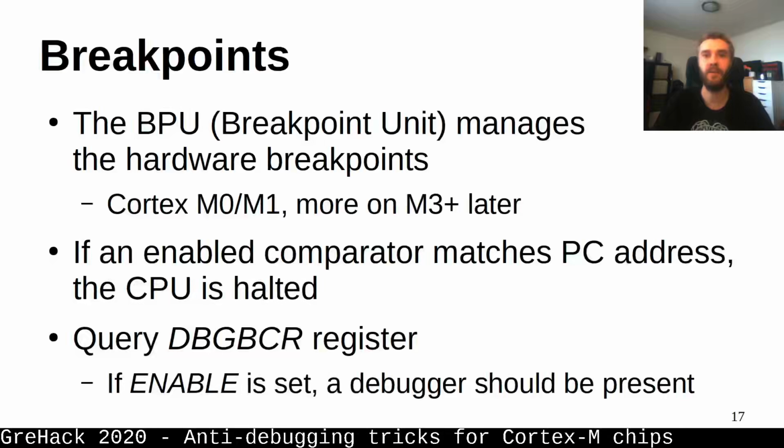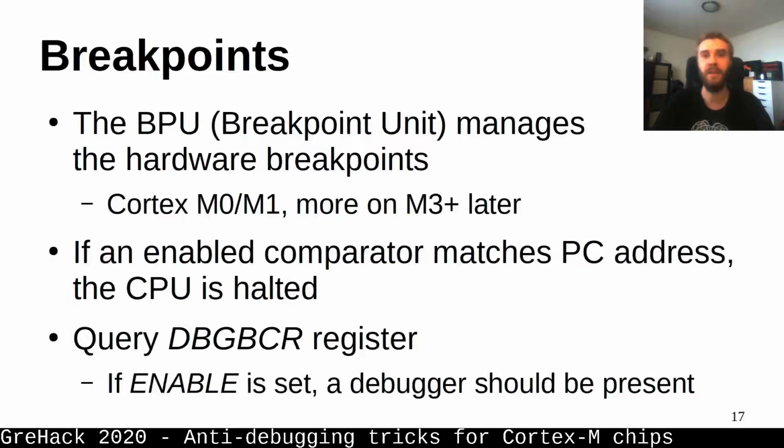There is a different unit for Cortex M3s and more, but we'll get to that later. This BPU works with a different set of comparators. If you set a specific value in that comparator, and if the program counter is equal to that value, the core will automatically be halted and a debug event will be fired for the debugger to handle it.